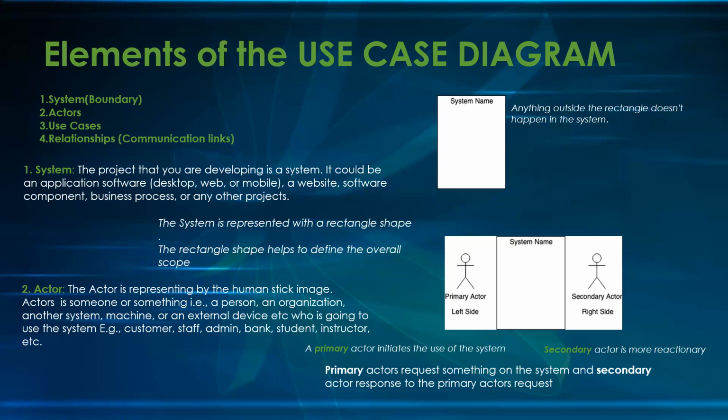Another element we'll be looking at is the actors. The actors are the people that are going to be using the system. There are two types of actors: the secondary actor and the primary actor. The primary actor is usually on the left-hand side of the system, while the secondary actor is usually on the right-hand side of the system.